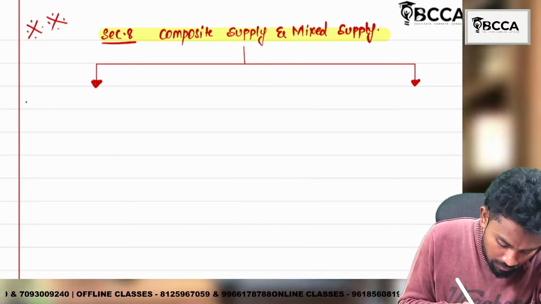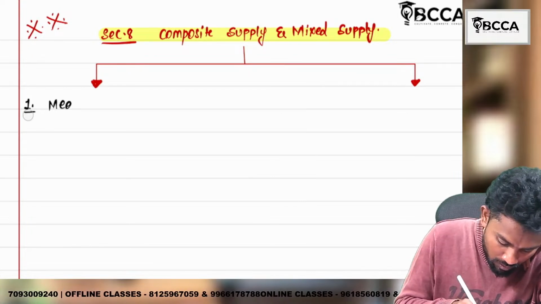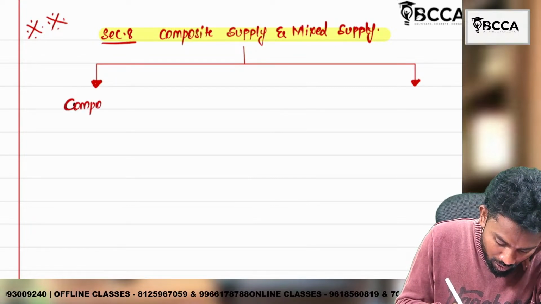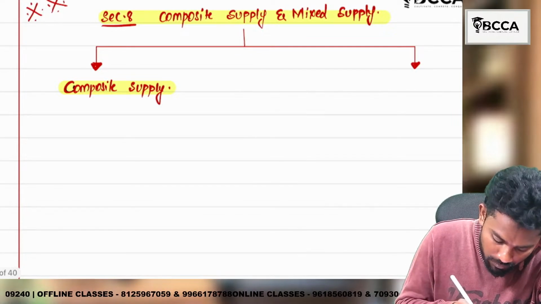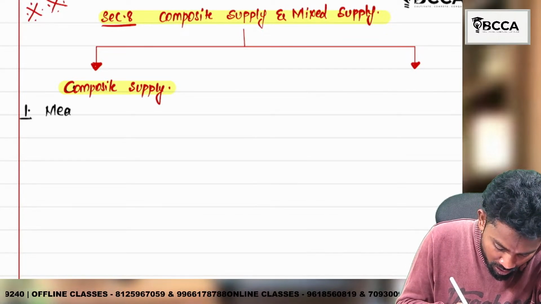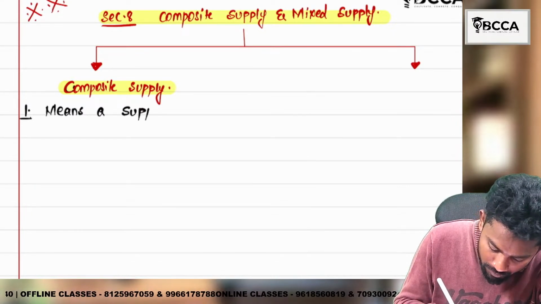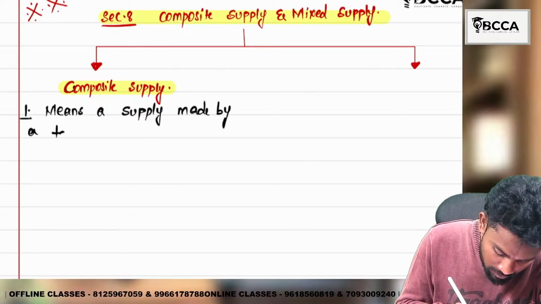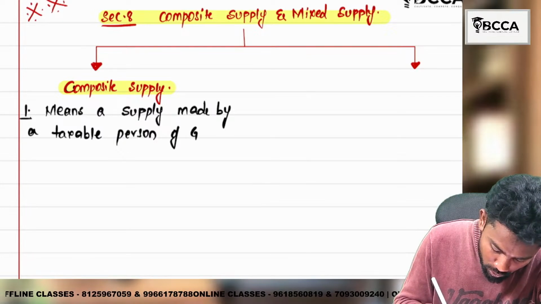Composite supply means a supply made by a taxable person of goods, services or both.